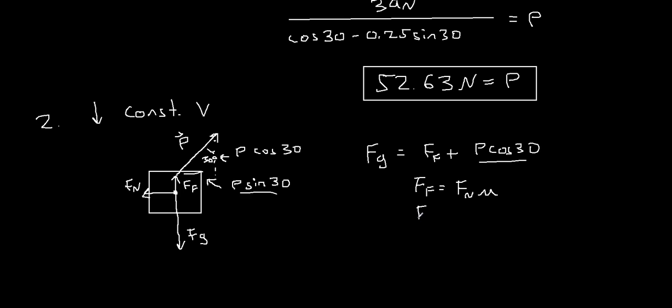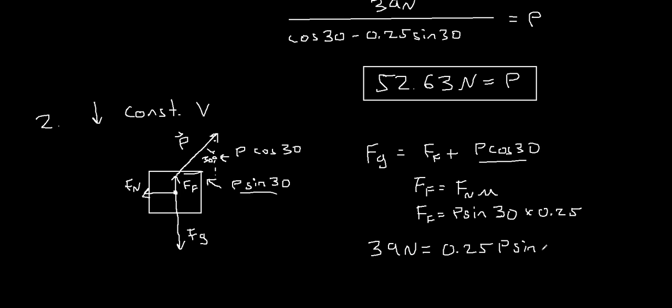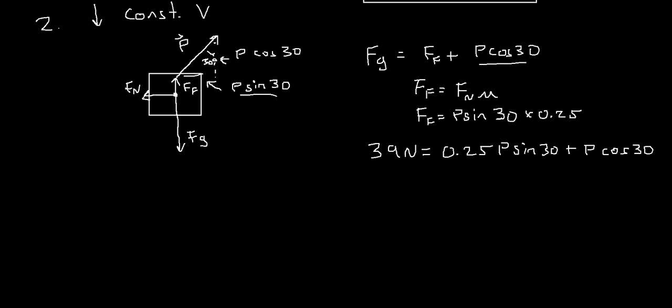So force of friction equals P sine 30 times 0.25, your coefficient of friction. So 39 newtons equals 0.25 times P sine 30 plus P cosine 30.